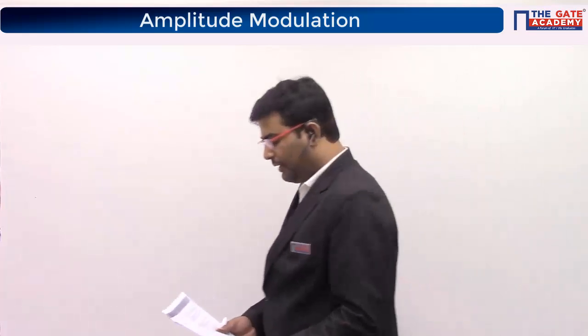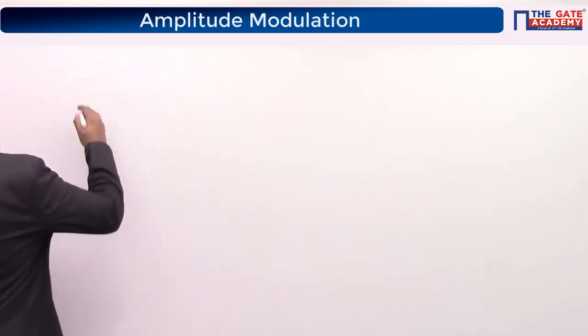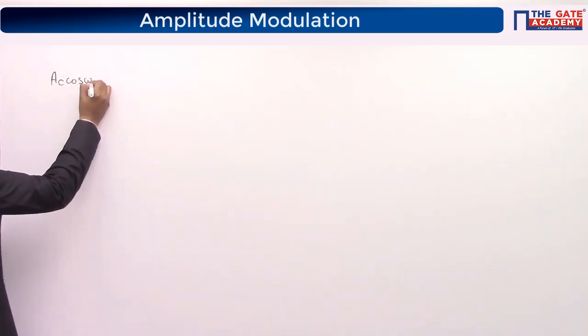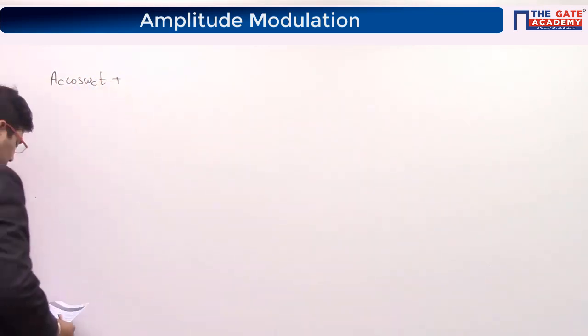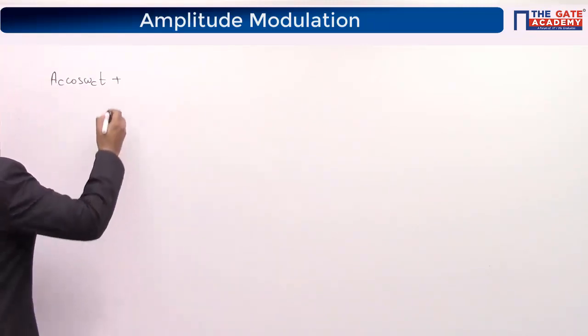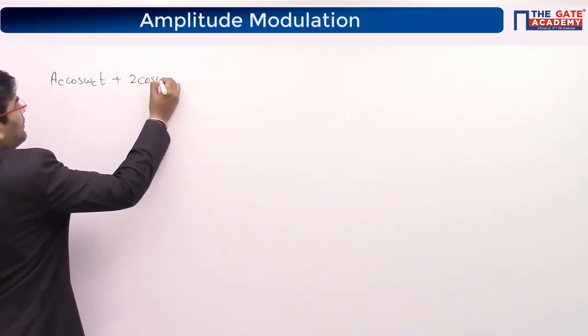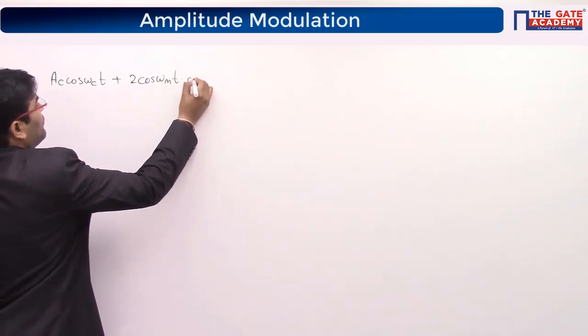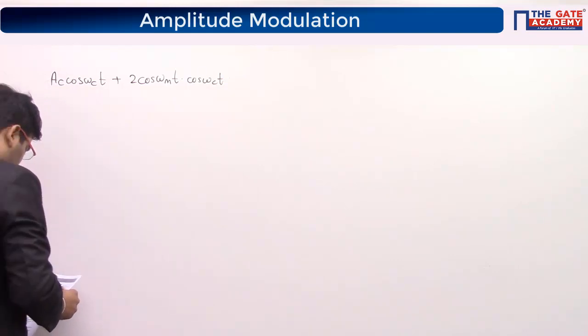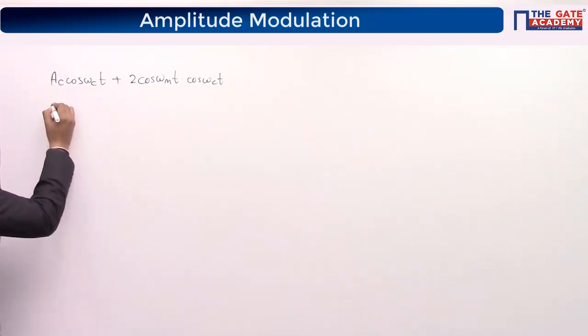So what is the answer for that question? Let me write the question. We are given Ac cos omega c t plus 2 cos omega m t into cos omega c t.